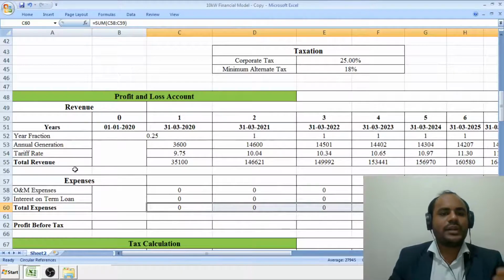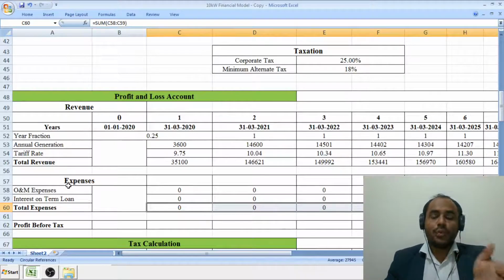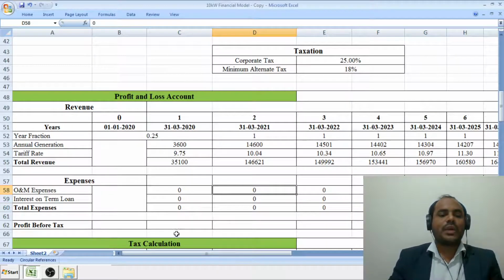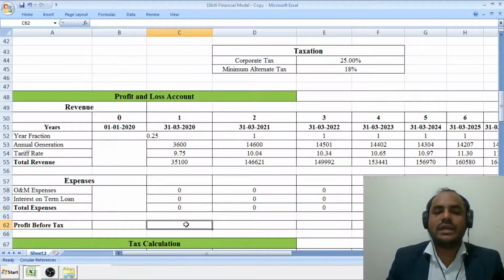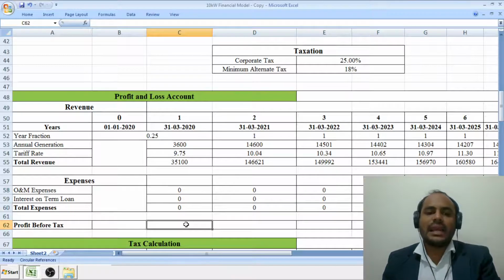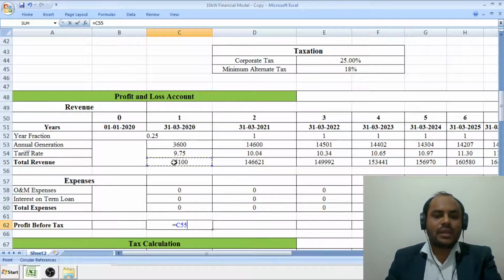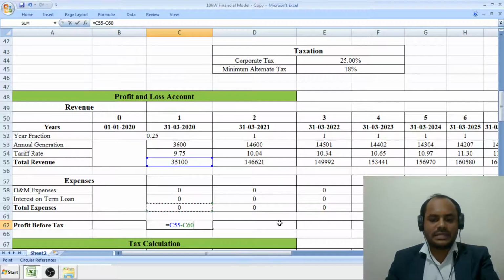Once we have calculated the total revenue generated and the total expenses in the system, then we have to calculate what exactly the profit is before paying the taxes. The profit before tax we can calculate simply as total revenue minus the total expenses from the system.